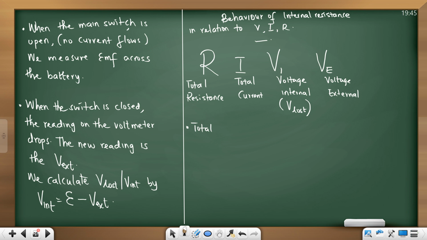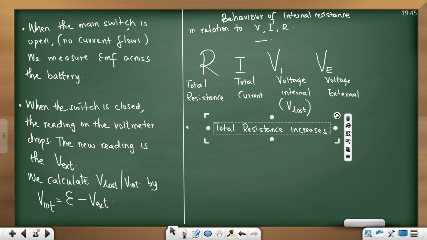Guys, I want us to look at the relationship with this. If total resistance increases, and there are a lot of factors that can cause that, which we did last week.